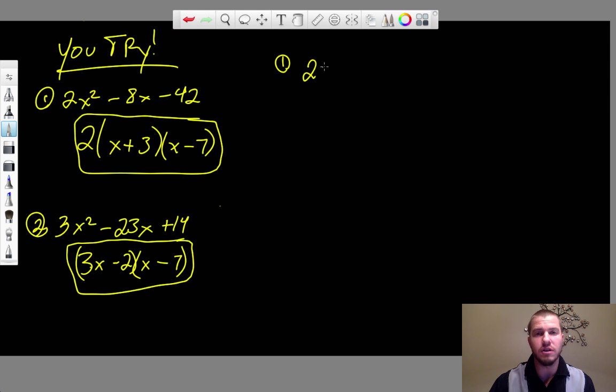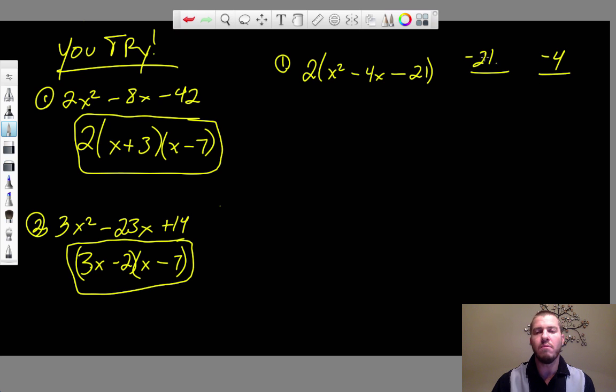Like I said, check for the GCF, factor out a 2. I get x squared minus 4x minus 21. I'm trying to find what multiplies to be negative 21 that adds to be negative 4.